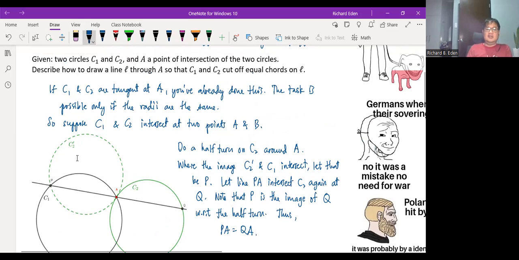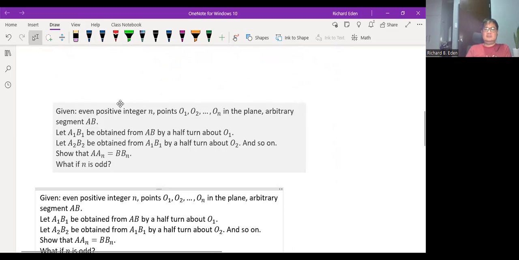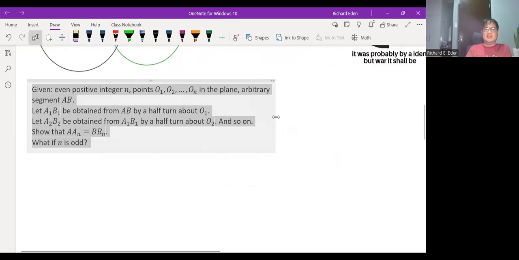Therefore, this is the line we're looking for, because PA and QA are the chords and they're congruent. All right, let's see. But hey, this is one problem.